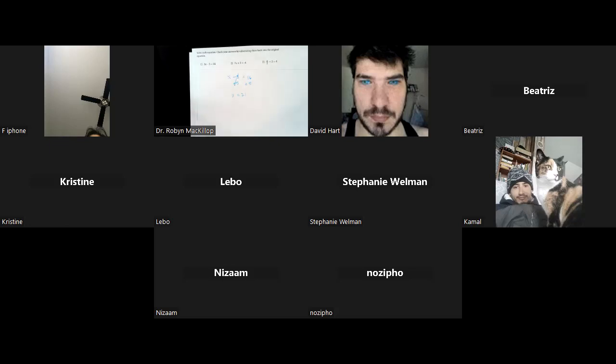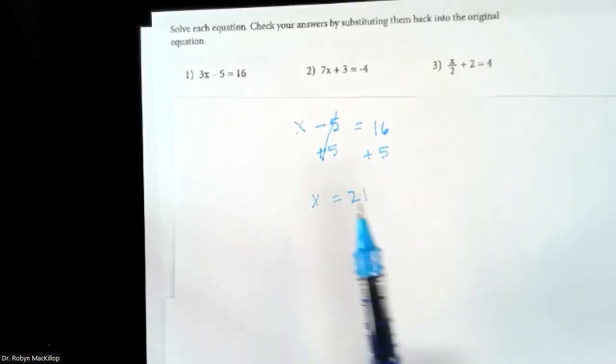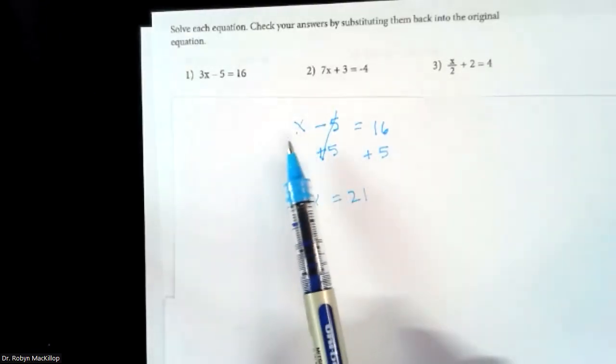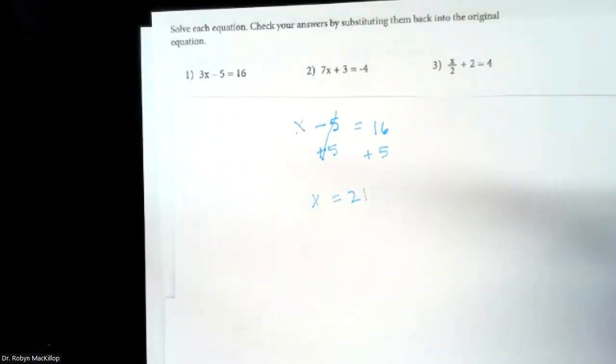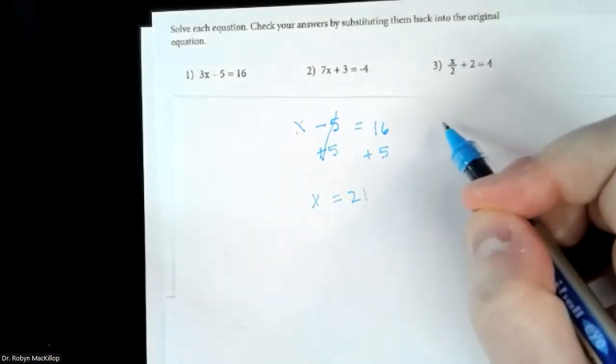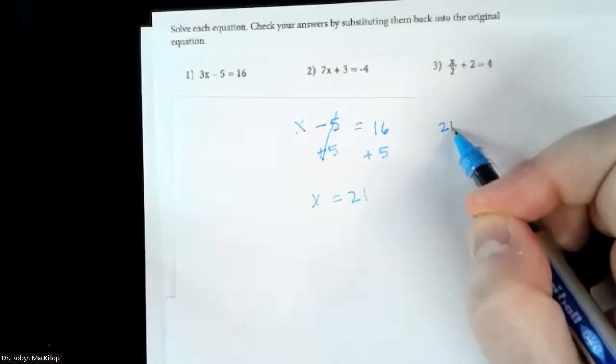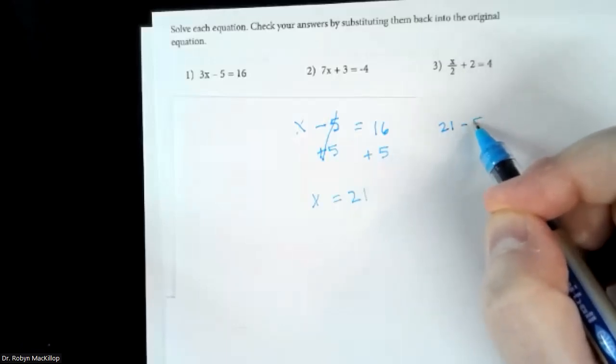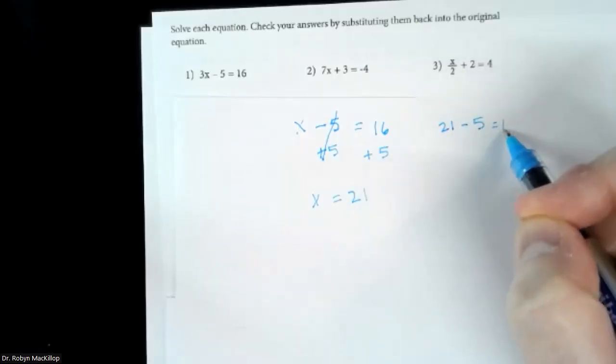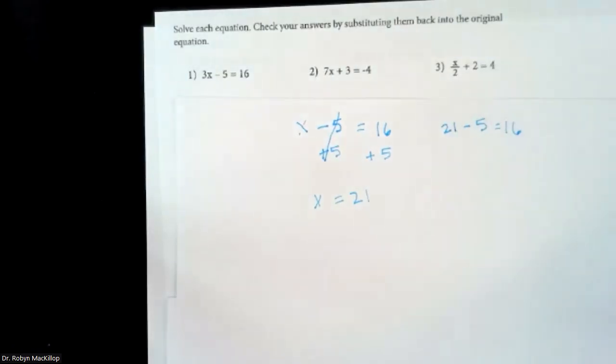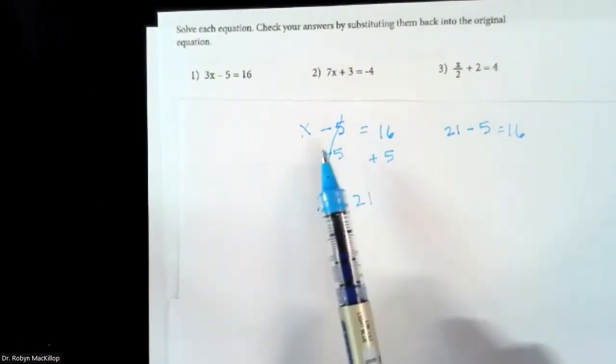This is the cool thing. You can always check your work by taking this number and substituting it for x. So 21 in place of x, minus 5 equals 16. Perfect. All right, so that was a one step.